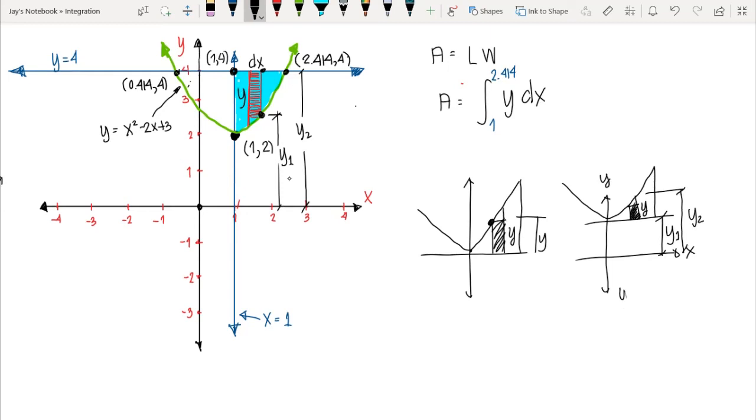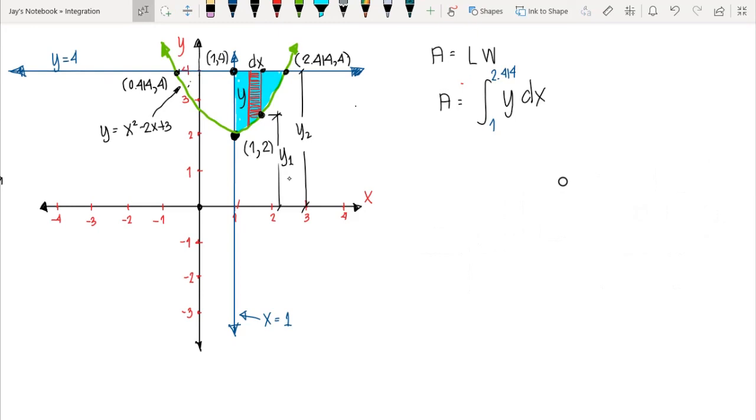So therefore, our y is always equal to y sub 2 minus y sub 1, since again, we always refer our y from the x-axis.